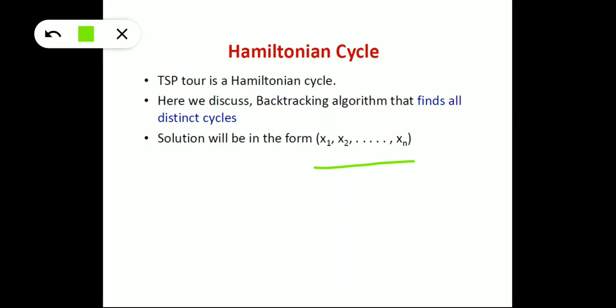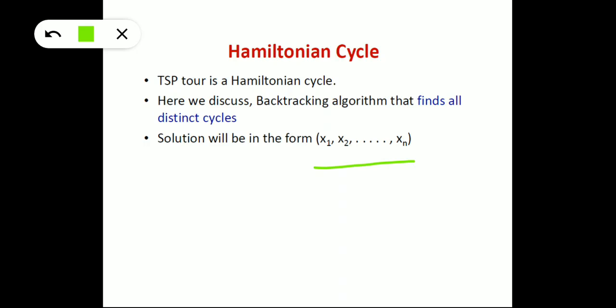All we need to do is to determine how to compute the set of possible vertices xk if x1 till xk minus 1 have already been chosen.